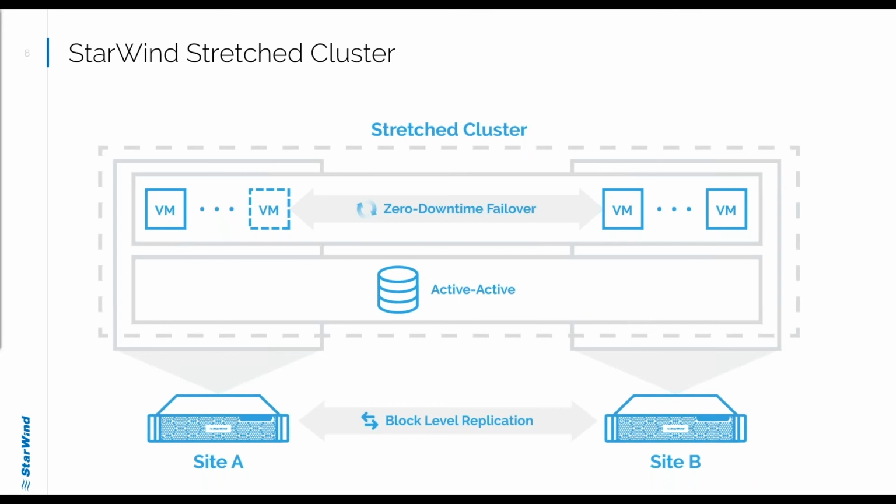And such a stretched cluster can, of course, be built even with the 1 GB bandwidth, but 10 GB connectivity is highly recommended as it will determine the system performance, and latency should be lower than 5 milliseconds to achieve stable active-active replication.